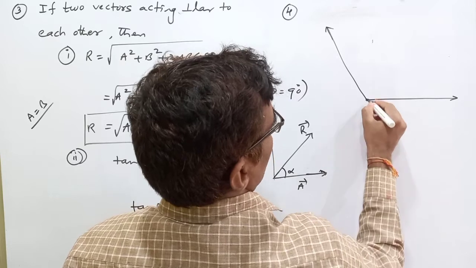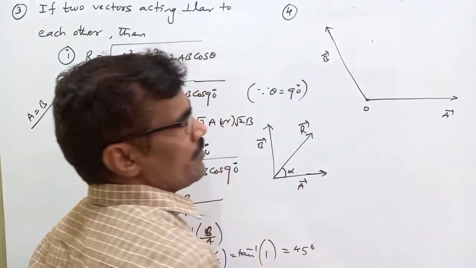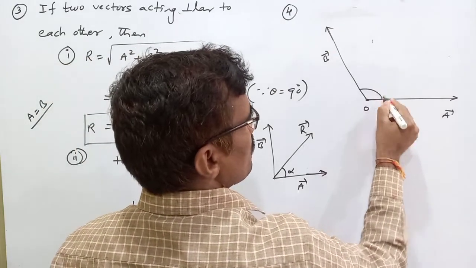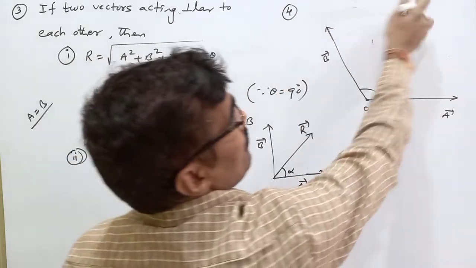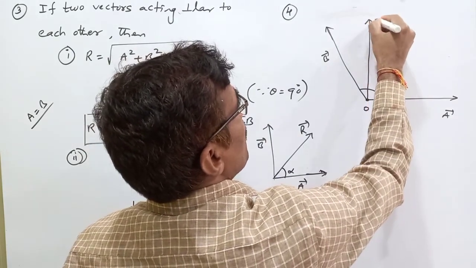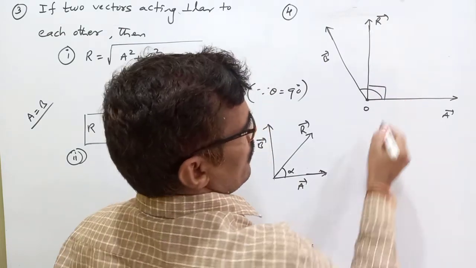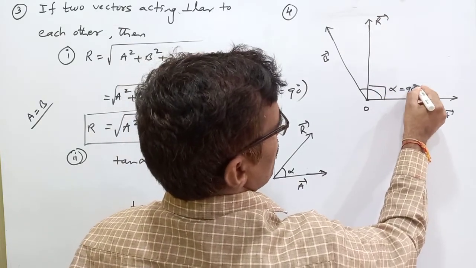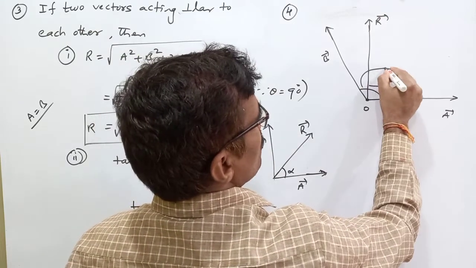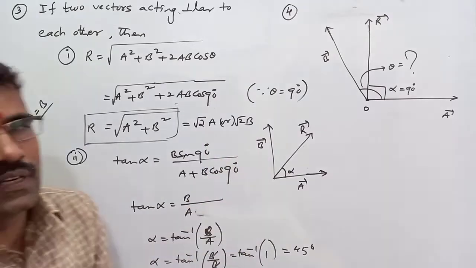So here this is the point O, A bar, B bar. The angle between them is more than 90 degrees. But here the resultant is perpendicular to one of them, perpendicular to A vector. That means here alpha equal to 90 degrees. What is the angle between A bar and B bar, and the magnitude of the resultant vector?